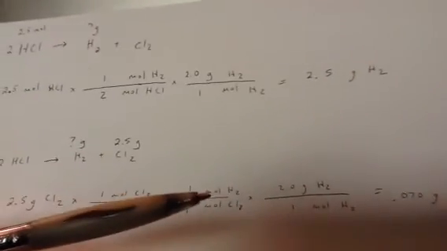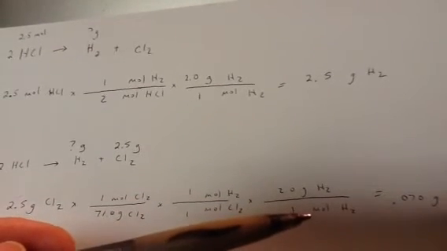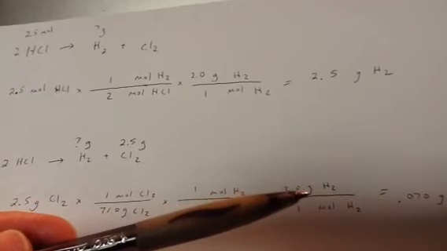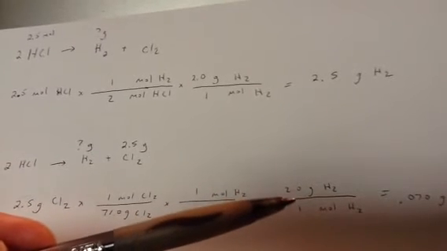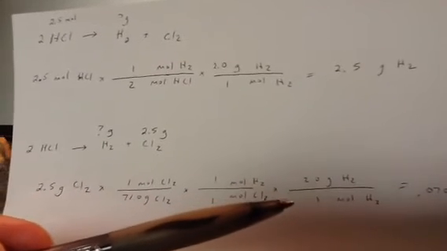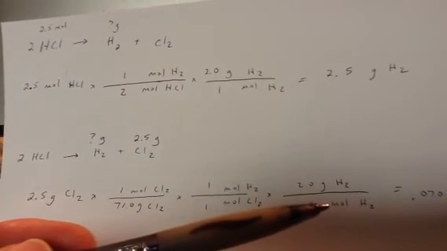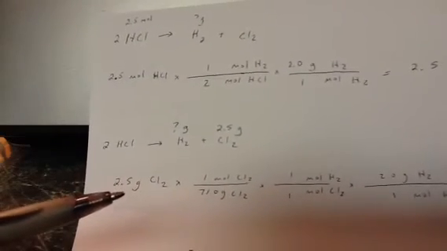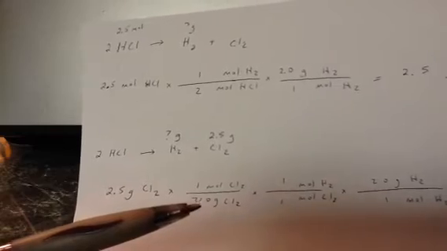The next step, mole of H2 goes to the bottom. Again, I'm going to find the grams of H2 is what I'm trying to produce. So 2.0 grams of H2 is placed on top. So again, with it being grams over moles, the mole number is always 1. So to solve my problem, I take 2.5 divided by 71.